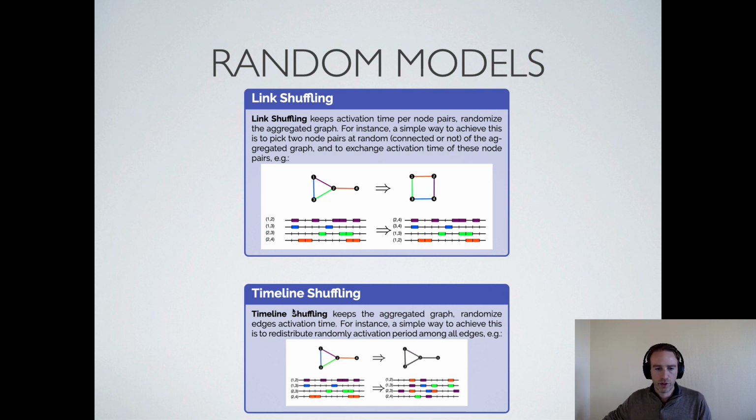The last category is timeline shuffling. In timeline shuffling, this time we keep the cumulative graph. So interactions are possible in the random graph only between the same pairs of nodes as in the original graph. But this time we completely shuffle the interactions.